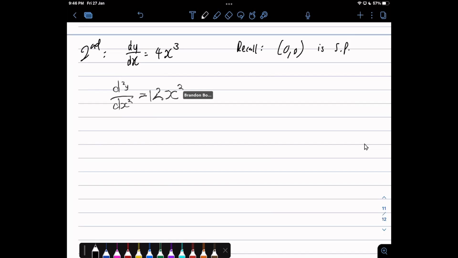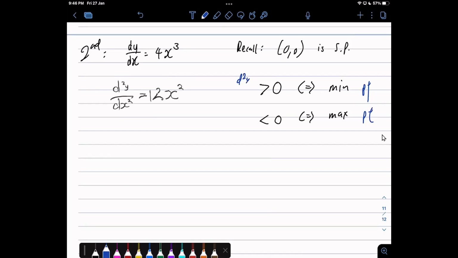Good. Maybe just to help you out, I'll write it down. More than 0, minimum; less than 0, maximum point. d2y by dx squared.